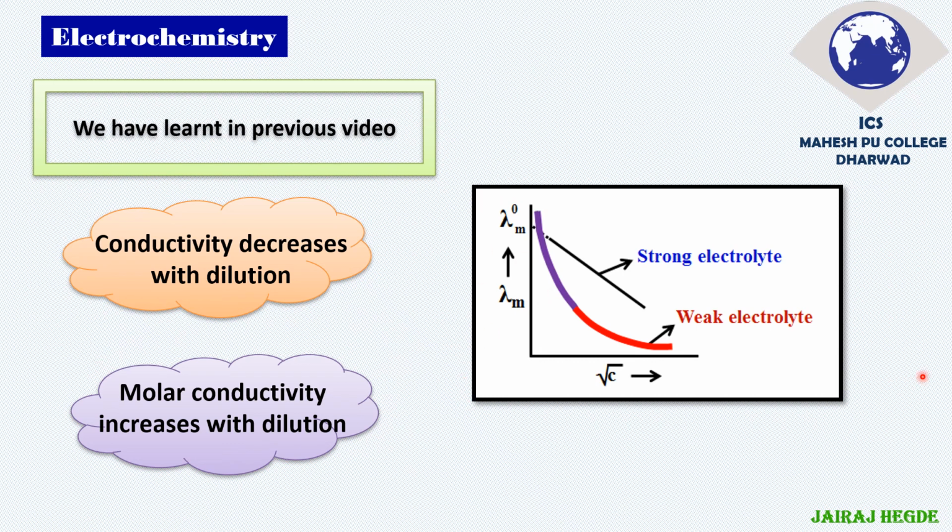We have seen the graph for weak electrolytes and strong electrolytes already in the last session. So this is what the graph is. For strong electrolyte, if we decrease the concentration, the molar conductivity increases. Similarly, for weak electrolyte, if we decrease the concentration, molar conductivity increases, but in an exponential way. These things we have already learned in the last session.